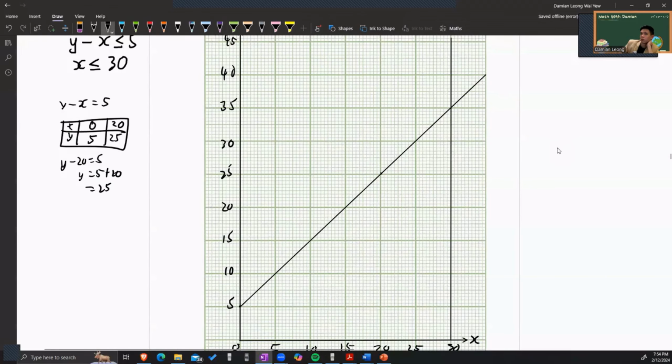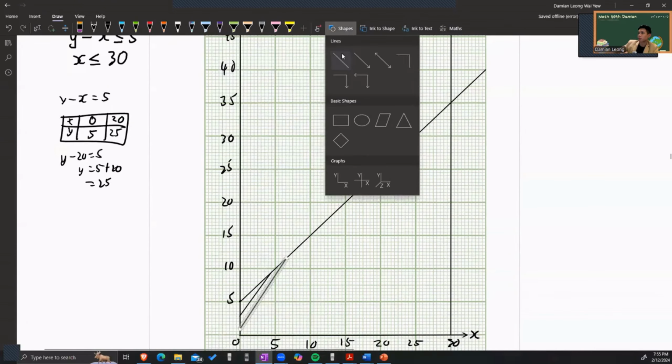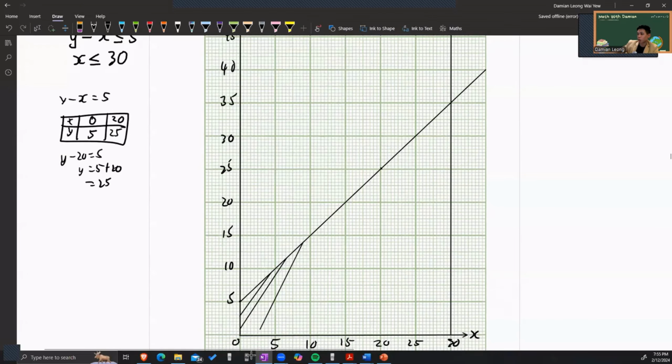Less than, so to the left of this, below this, means the shaded region is this part. Now when you shade the region, make sure you use a ruler to draw the straight lines, because some examiners are quite particular with that.